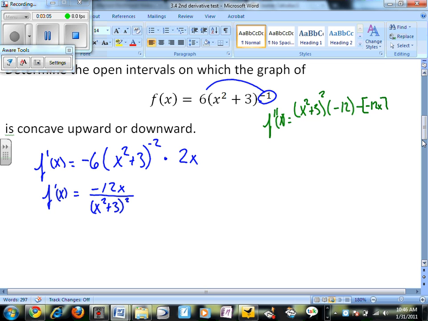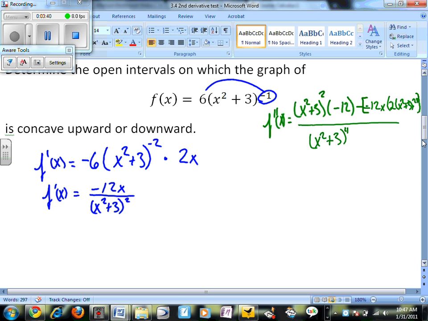Sorry, I didn't mean to put that bracket there. So we're going to have to do the chain rule again: 2 times x squared plus 3 to the first power times the derivative of the inside, which is 2x. And that's all over the denominator squared, x squared plus 3 to the fourth power.